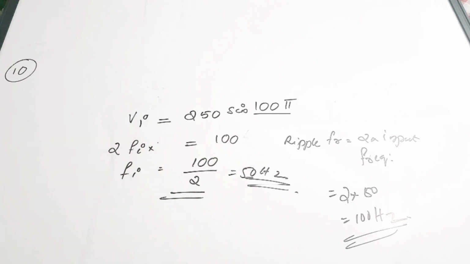You'll be given the equation for sine wave, and from that you have to extract the value of frequency and then find the ripple frequency. And the relation is, for a half wave, ripple frequency is same as input frequency, whereas for full wave, it is twice your input frequency, which is 2 into 50, which is 100 Hertz. Correct answer is option B. Option B, 100 Hertz is the correct answer for the 10th question.